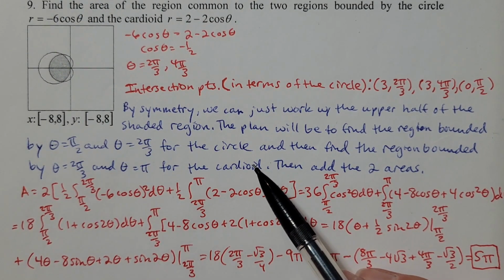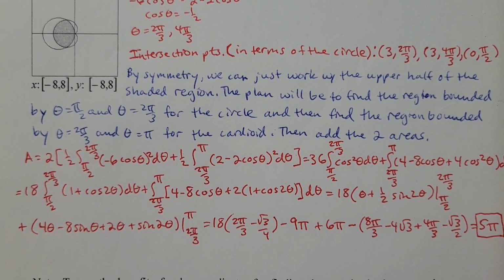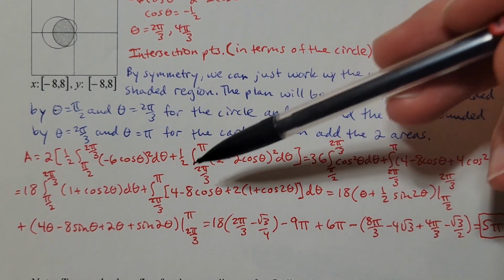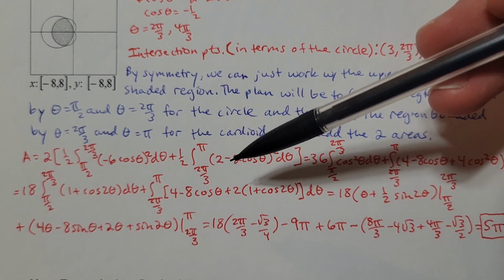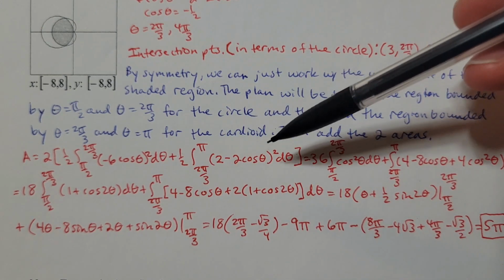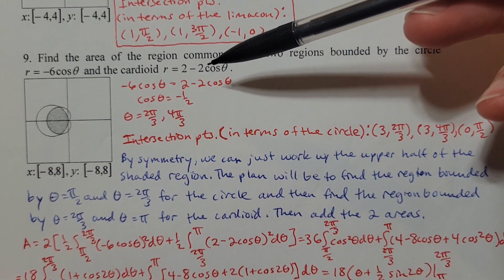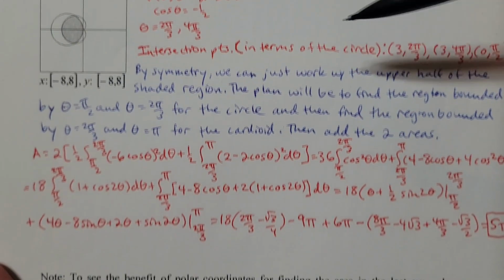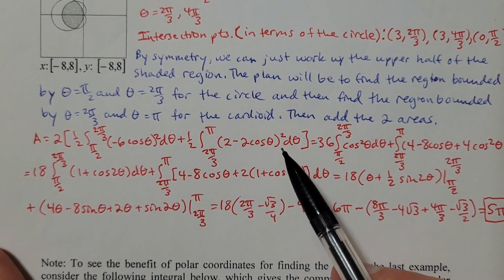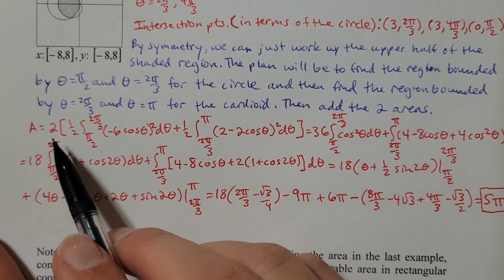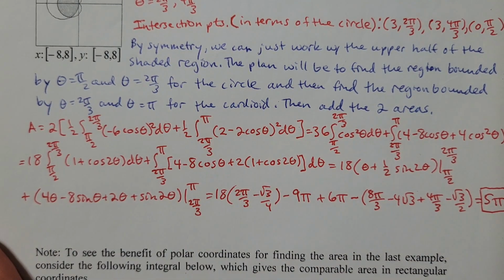Okay, so I'm going to use some symmetry here. So I'm going to add 1/2 times the integral from 2 pi over 3 to pi of the cardioid, 2 minus 2 cosine theta, squared.